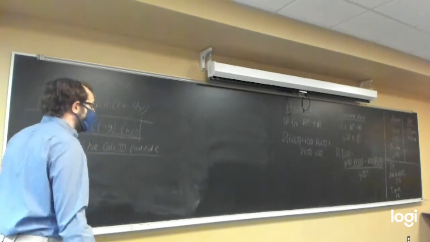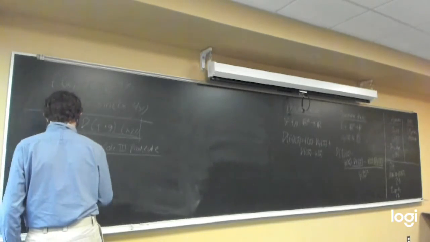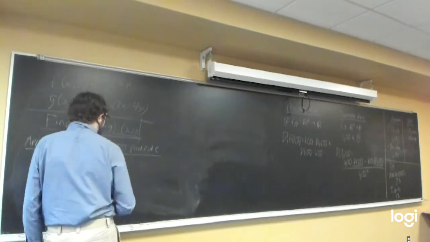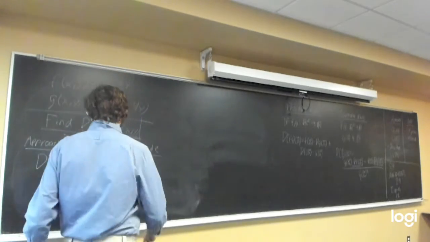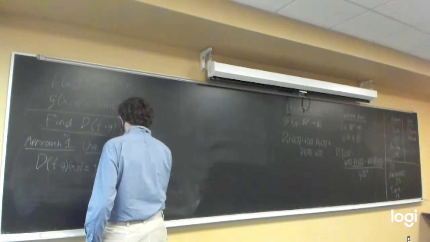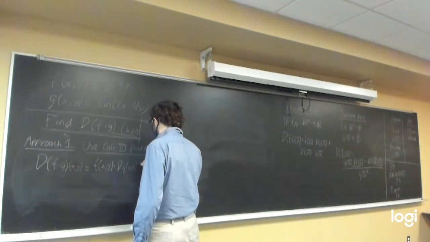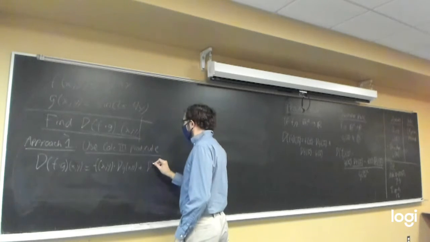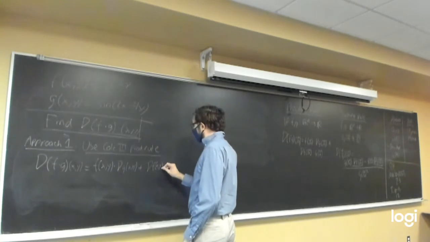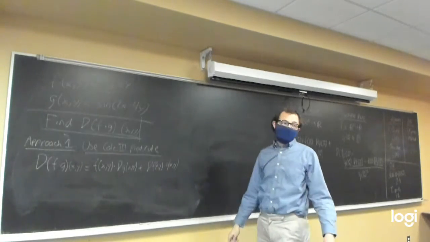So if we do that, we'll get that the derivative of the product, f times g of x comma y, is going to be equal to f of x comma y multiplied by the derivative of g of xy, plus the derivative of f of xy multiplied by just plain old g of xy.